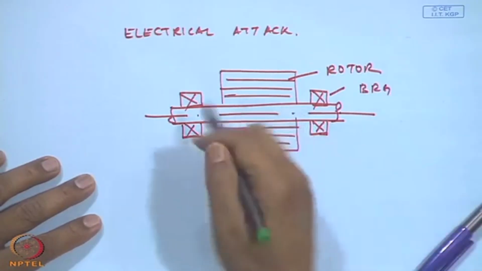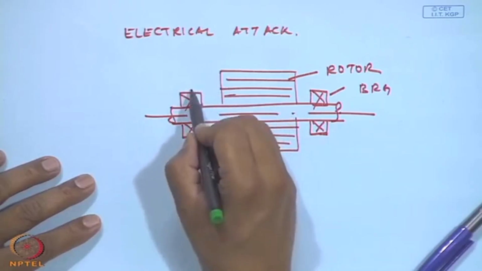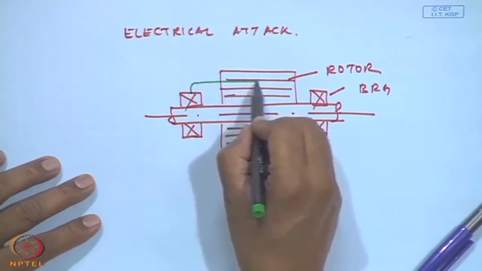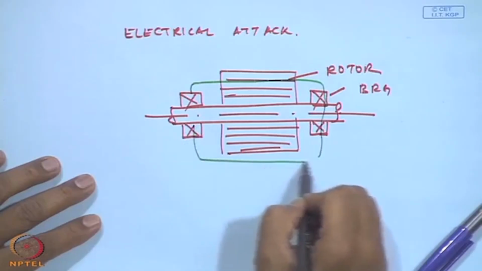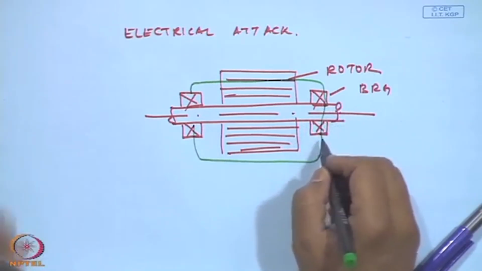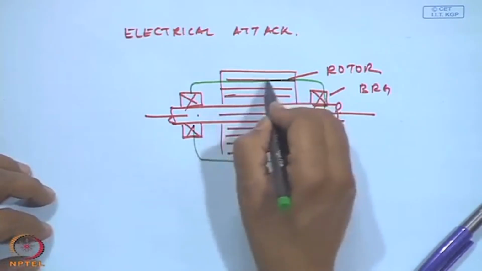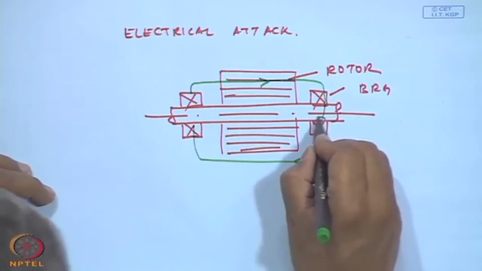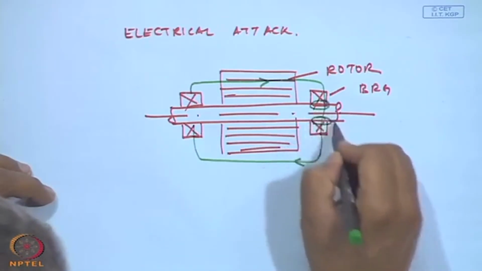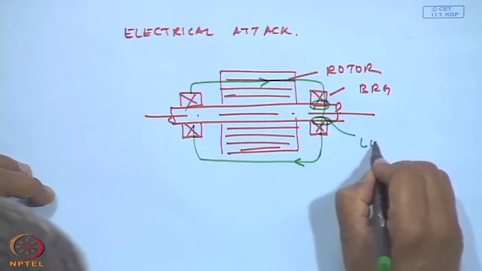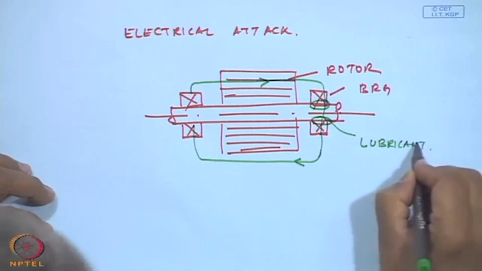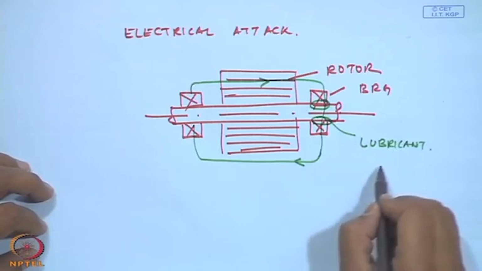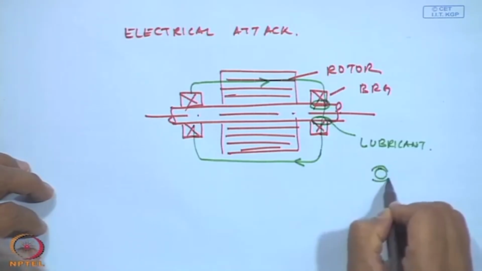What happens because of this is there is always a small amount of voltage loop which is going on. Now, at this interface there is a lubricant, either if it is a journal bearing or a ball bearing, there is a thin layer of lubricant between the inner races, outer races, etc.